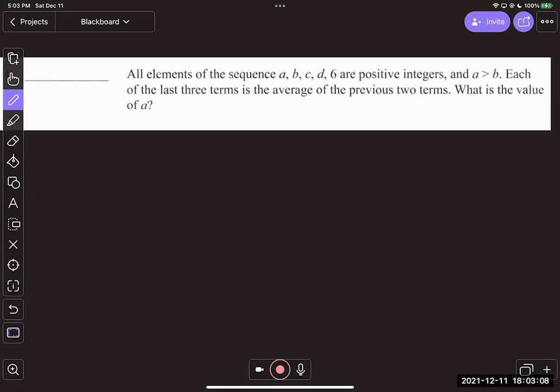We're looking for the value of A. If the average of A and B is C, then C has to be smaller than A, right? Because if we average 2 numbers and B is lower than A, it's always going to be in the middle of the 2. So C is bigger than B, but C is smaller than A.